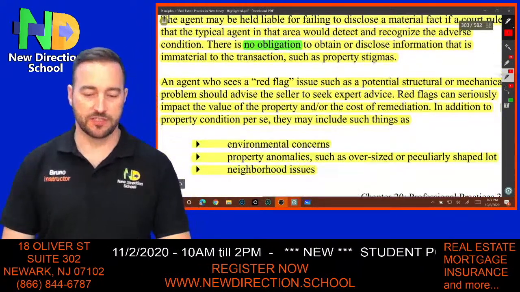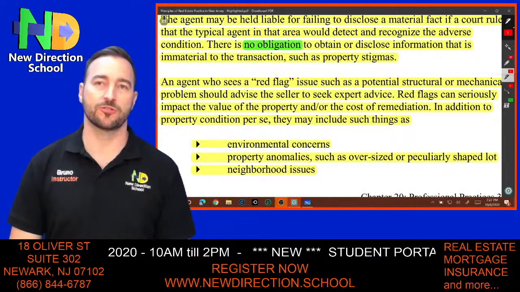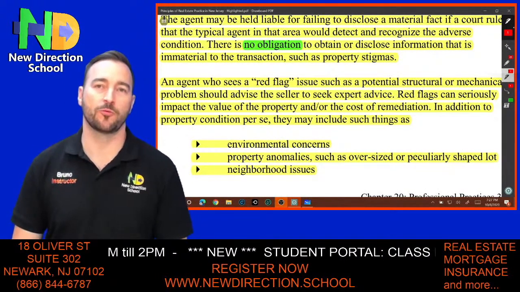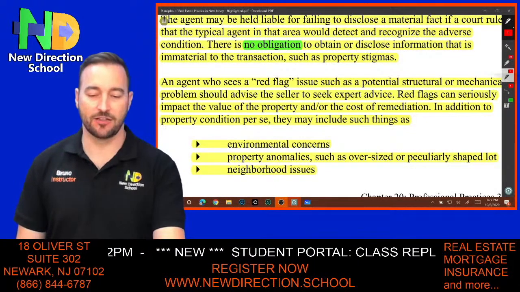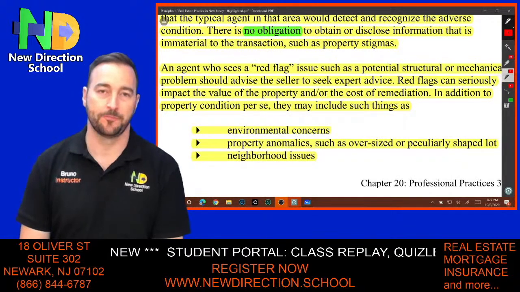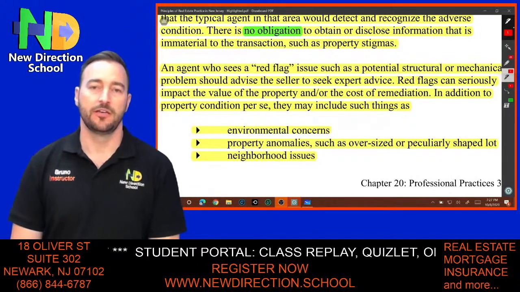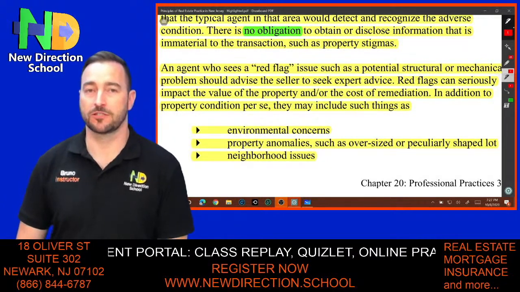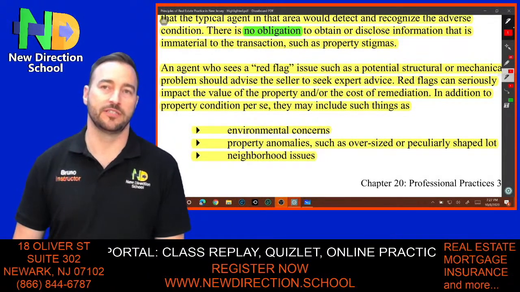An agent who sees a red flag, such as a potential structural or mechanical problem, should advise the seller to seek expert advice. So like I was telling you, if there's something you see and you feel like it's off, you should advise the client right away. And also the customer needs to be aware of these issues.